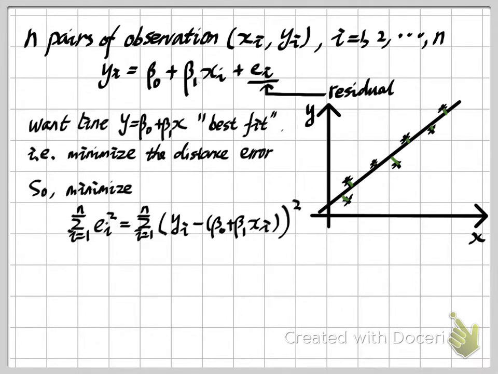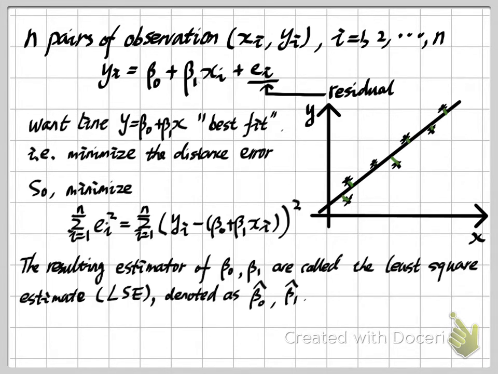So this is an estimator of our beta 0 and beta 1. Based on our definition, this is called the least square estimation, and we denote them by beta 0 hat and beta 1 hat. Also we use LSE for short.